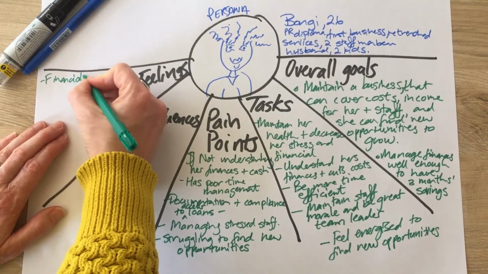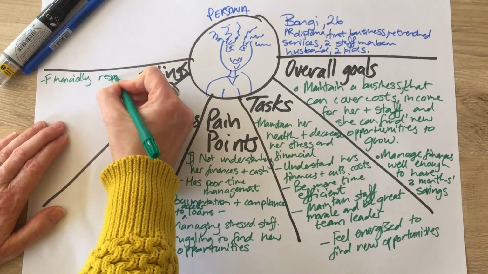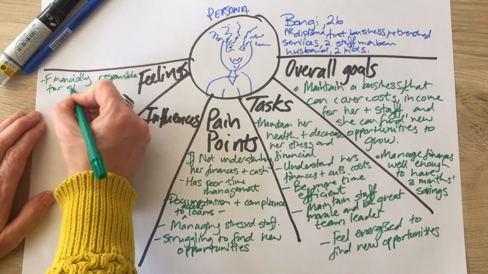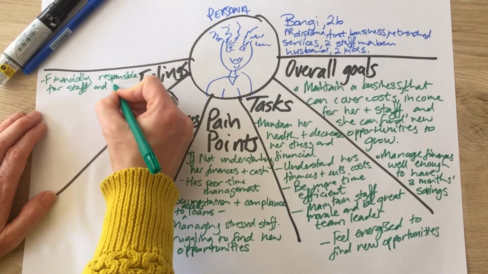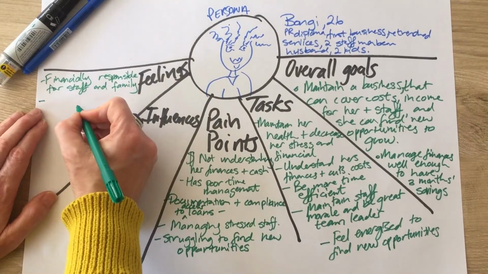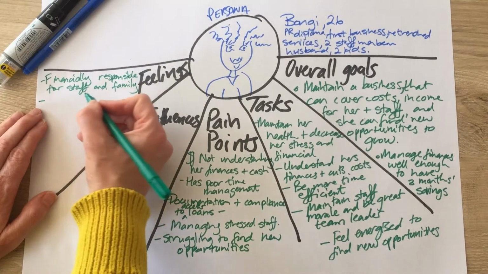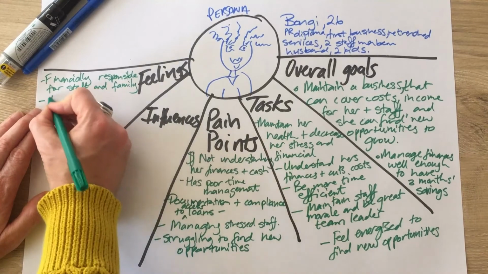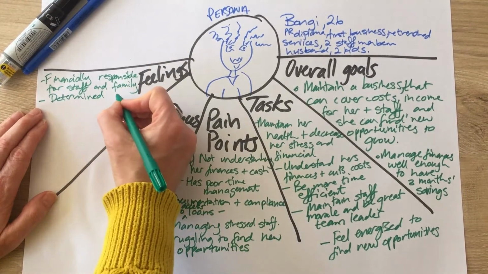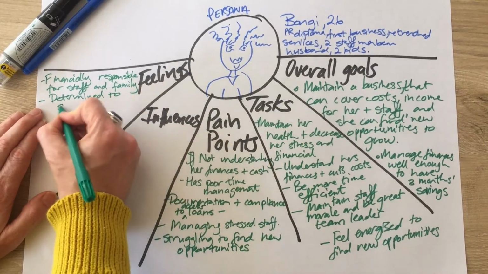Yep, we can see that. For her staff and her family. Typical entrepreneur feelings and concerns. But she's also got grit, so she's determined to survive. She wants to maintain that business and find opportunities. She's got real grit.